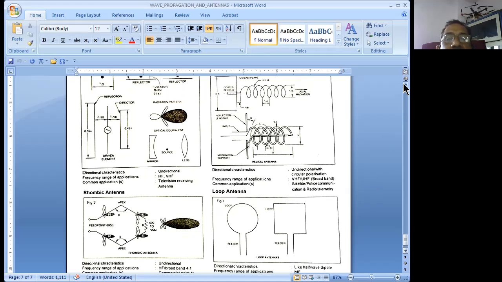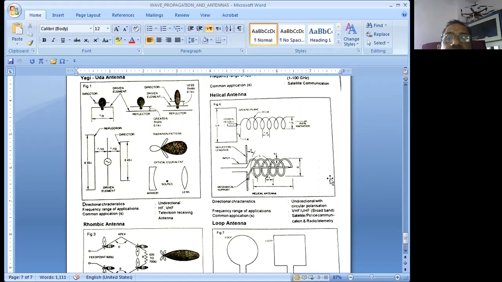Apart from loop antennas, we discuss the helical antenna today. A helical antenna is going to be helix in shape, something like wound round in a linear fashion, which is known as a helix. Once again, a helical antenna is normally used to transmit signals at large frequencies.